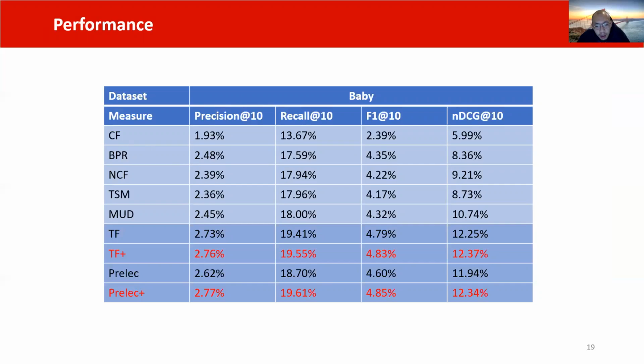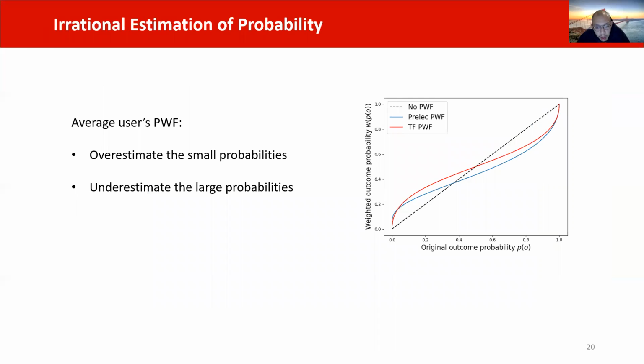Also, we can see that the scale parameter we added also helps with performance, as well as speeds up the convergence of the parameters. In this figure, we show the average user's probability weight function. We can see that the average user is actually biased in the estimation of probabilities.